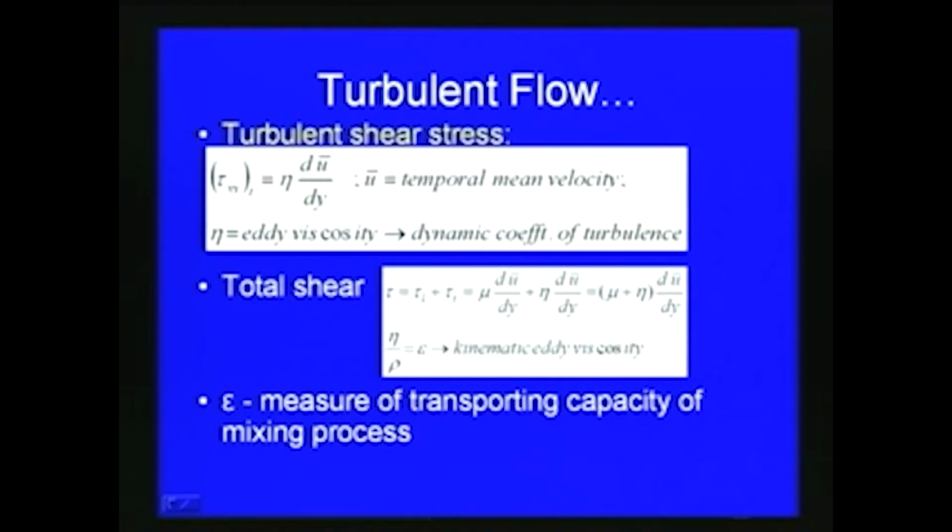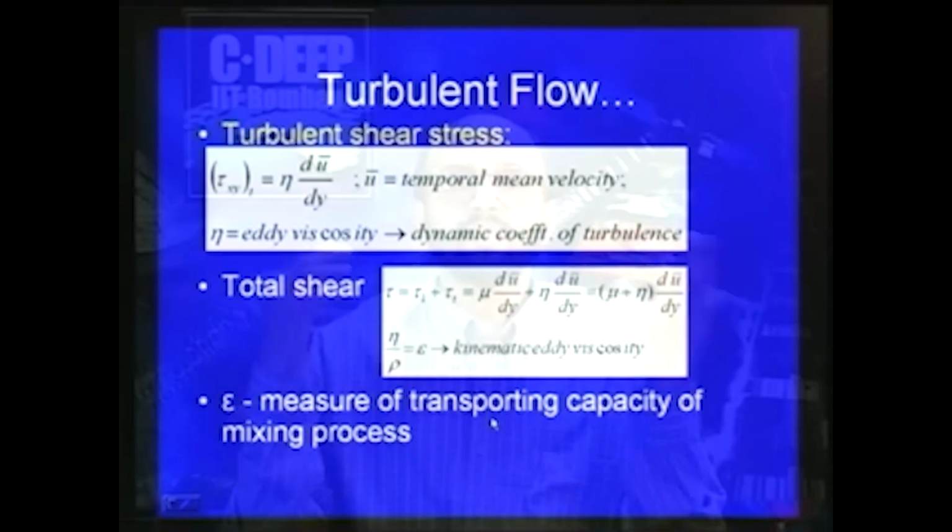Then, as we have seen earlier, eta is the dynamic coefficient of turbulence, and eta by rho is called kinematic eddy viscosity. In turbulent flow we call this term eta by rho, where rho is the mass density and eta is the eddy viscosity or dynamic coefficient of turbulence, epsilon, the kinematic eddy viscosity. Actually, this kinematic eddy viscosity epsilon is a measure of the transporting capacity of the mixing process.